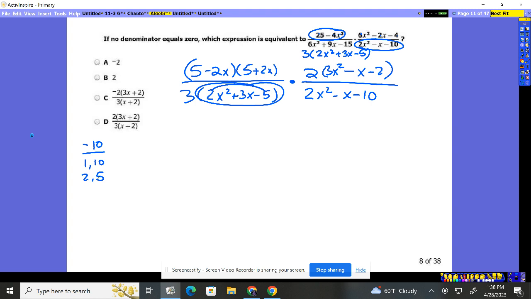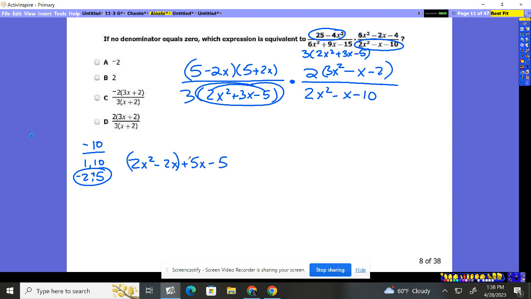So one of them is negative, one's positive. What's going to create the plus 3? It's going to be a plus 5 and a minus 2. So it's going to break down to 2x squared. We bust the b. The 3x gets busted apart to a minus 2x plus 5x minus 5.